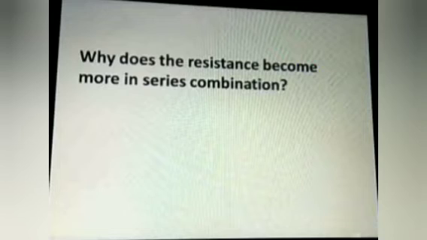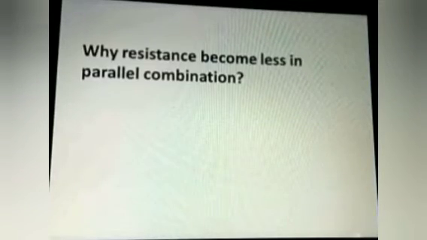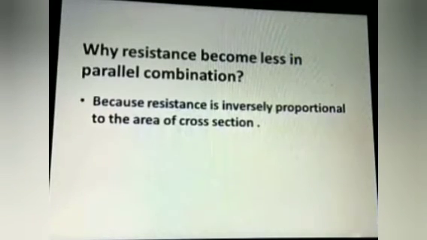Why does the resistance become more in series combination? Because resistance is directly proportional to the length in series. Why does resistance become less in parallel combination?